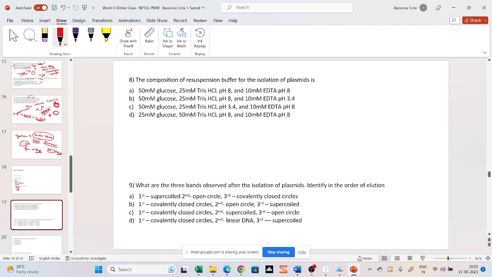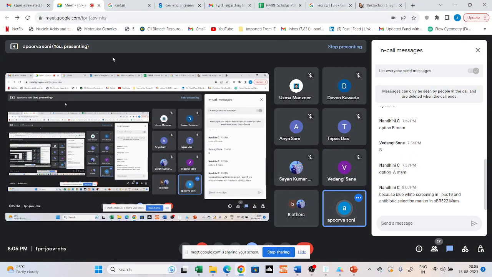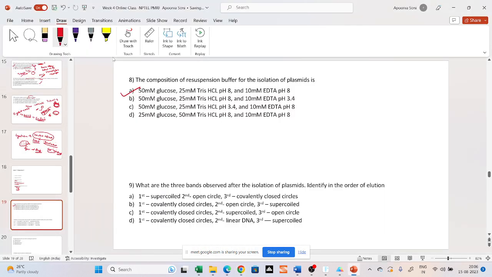So the answer is option A, that is 50 millimolar glucose, 25 millimolar Tris-HCl, and 10 millimolar EDTA of pH 8. There is nothing to explain, because blue white screening is in pUC19 and antibiotic selection. Fine. Now we come to the ninth question.